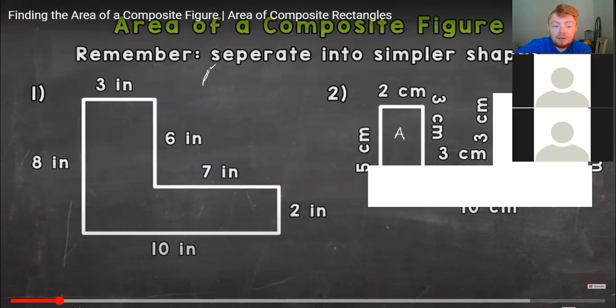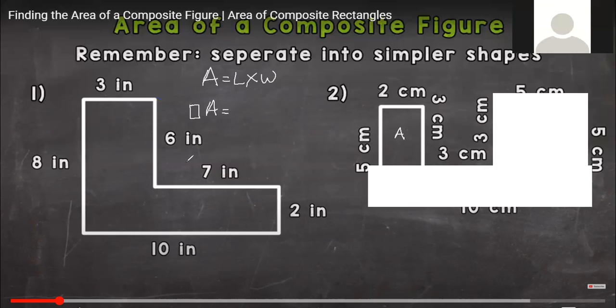So we have A, okay? And we're doing, as you guys know, area equals length times width, okay? So for square A, what am I doing? Somebody.